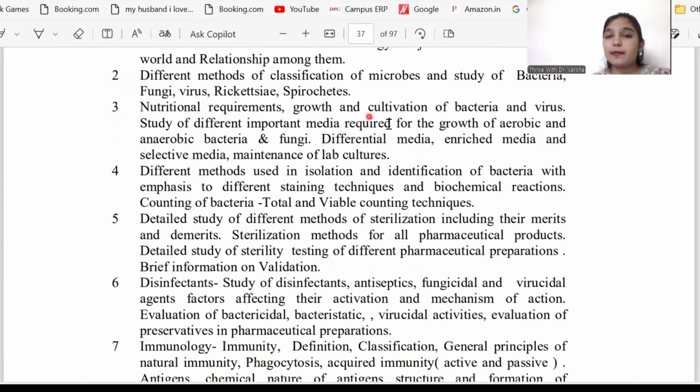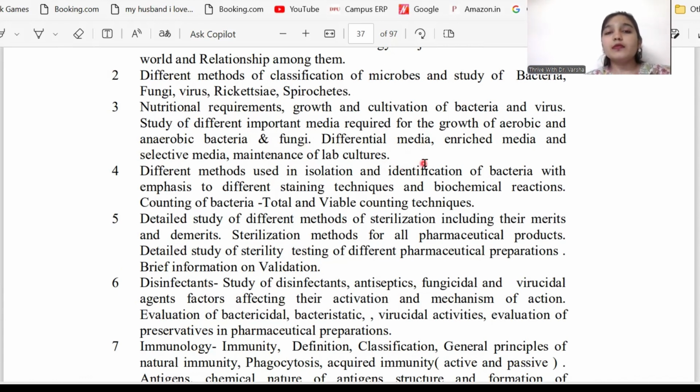Then the third chapter, nutritional requirements till bacteria and virus, study different types of important media required for growth of aerobic and anaerobic bacteria, fungi. The second chapter, differential media till lab culture, again third chapter.